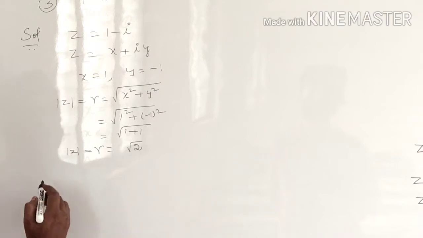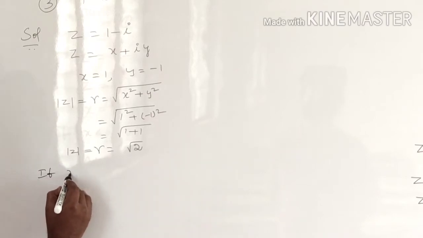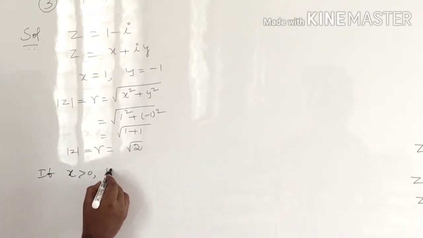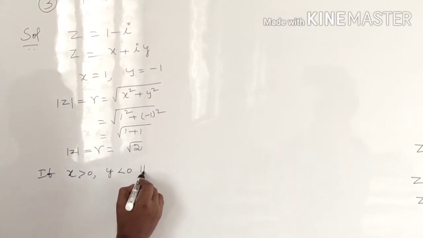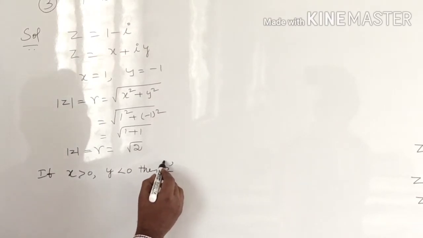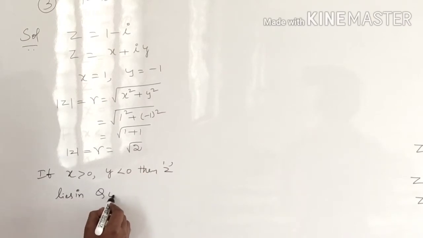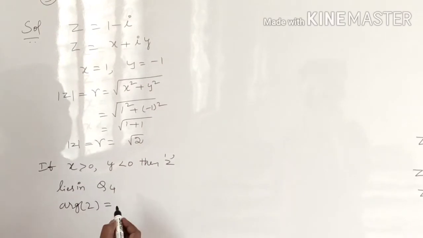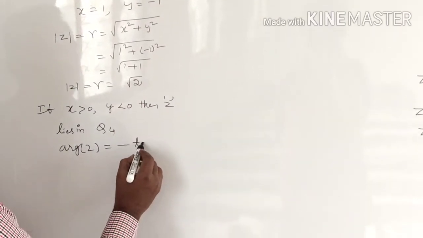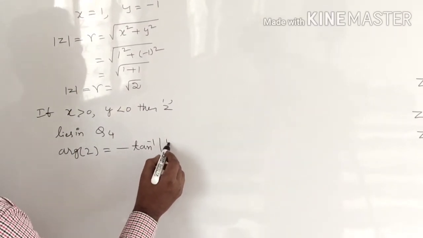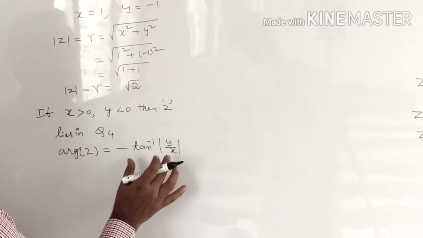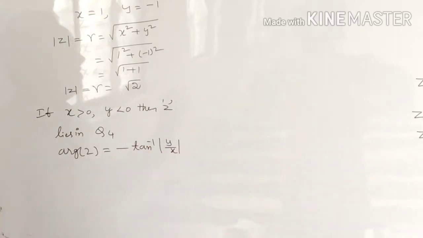So write it here: if x is greater than 0 and y is less than 0, then z lies in the fourth quadrant. So argument of z, or amplitude of z, is equal to minus tan inverse mod of y by x. Students, you have to remember which formula to use for which quadrant.